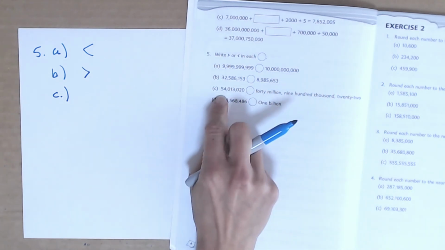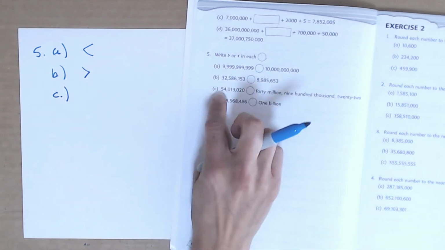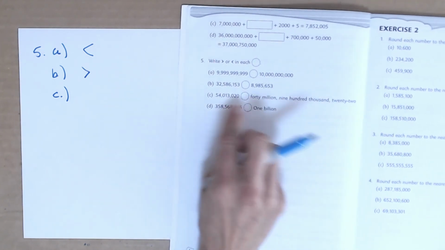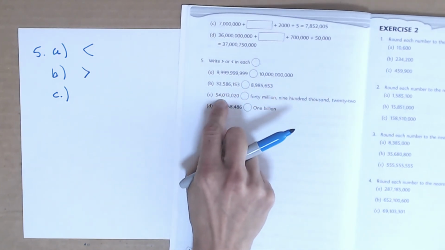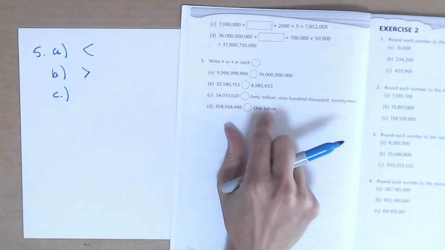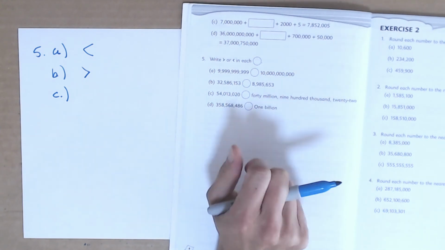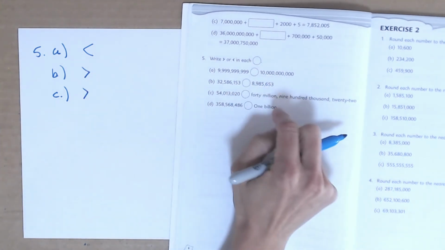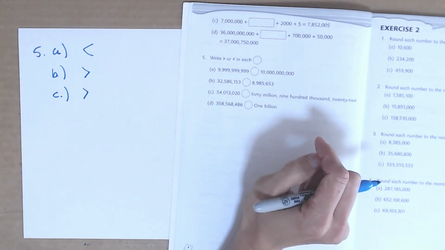The next one, 54. We don't even have to look at the numbers to the right if we can compare the numbers in the largest place values. 54 million and something, is that more or less than 40 million and something? It would be more. 54 million and something is greater than 40 million and something.